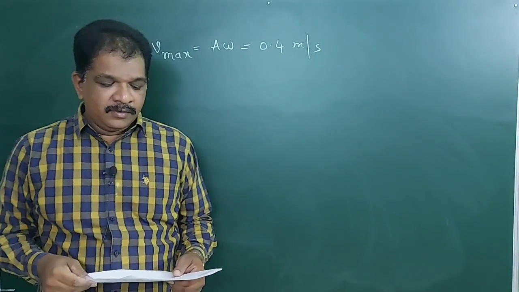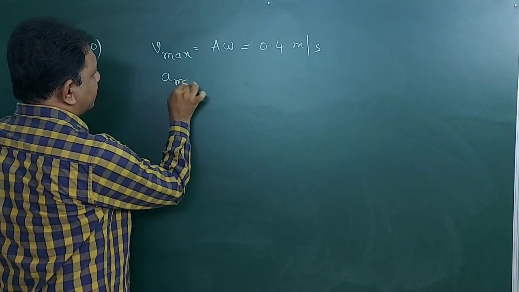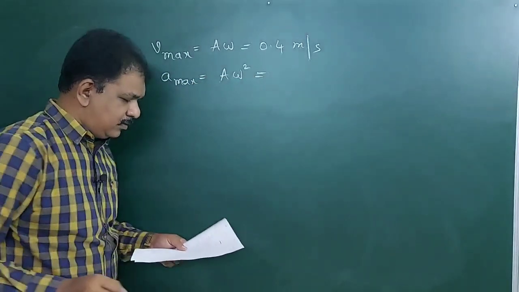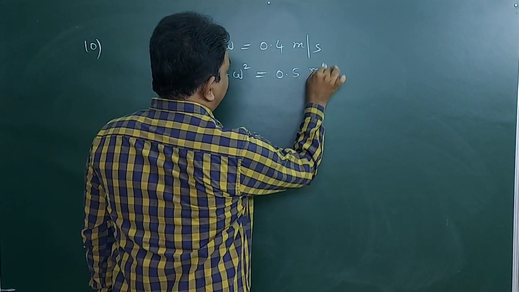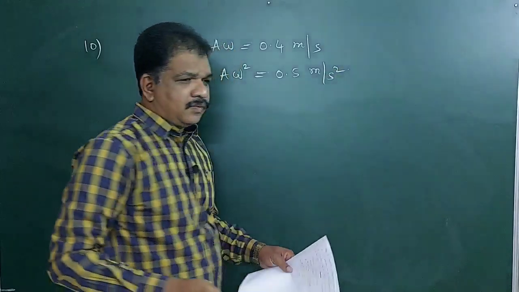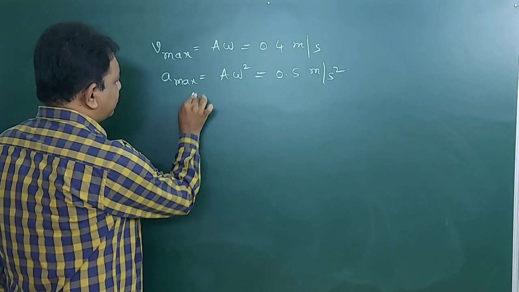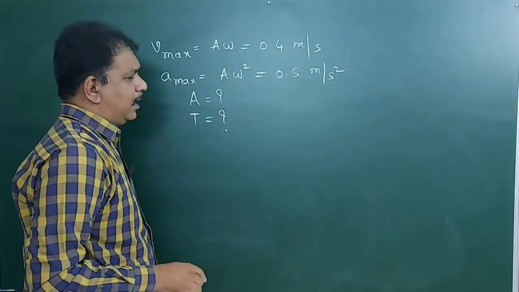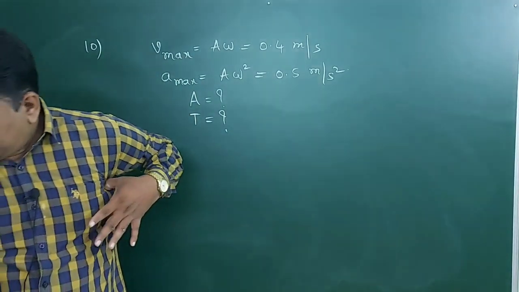Maximum acceleration is A omega square, that is 0.5 meter per second square. Find the amplitude. Find the time period. Problem number 10. Okay, we'll do one thing.